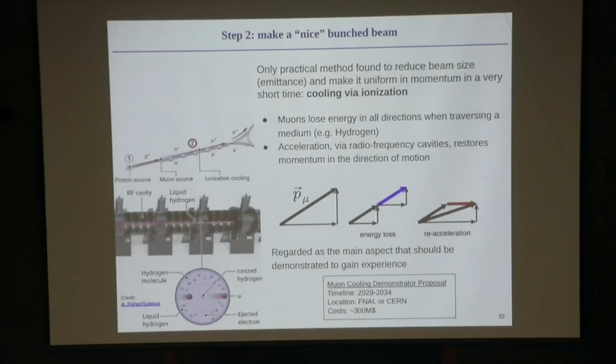So you will have a beam of this size. Now you want to shrink it down to something like micrometer size, with a momentum spectrum that is very homogeneous, very monochromatic. And all conventional ways to do that actually fail miserably, just because with the muon you don't have much time. The muons will decay and disappear pretty quickly.